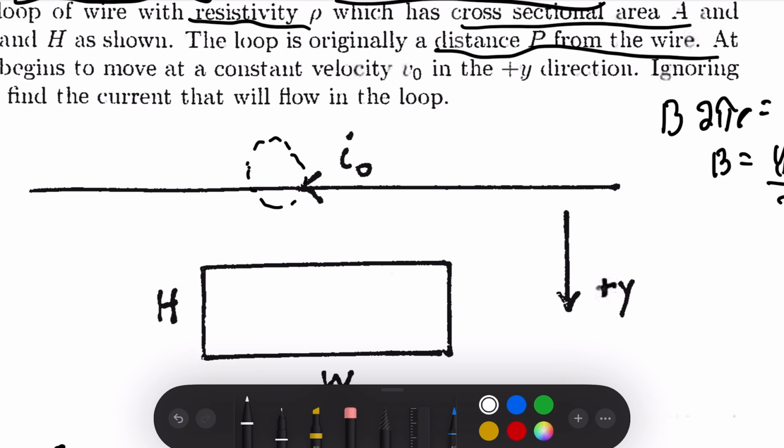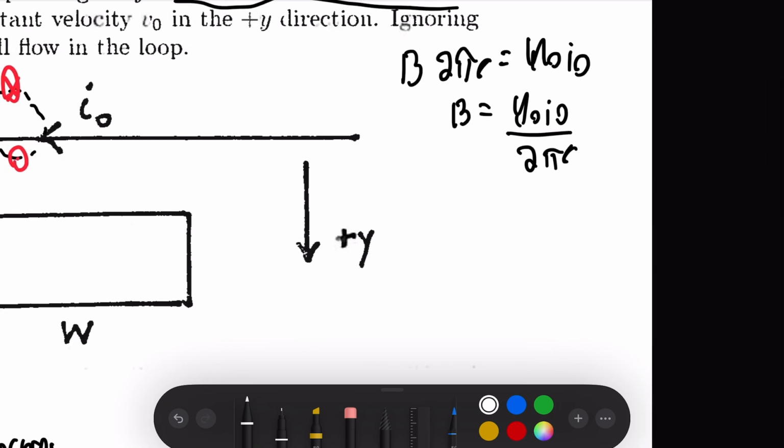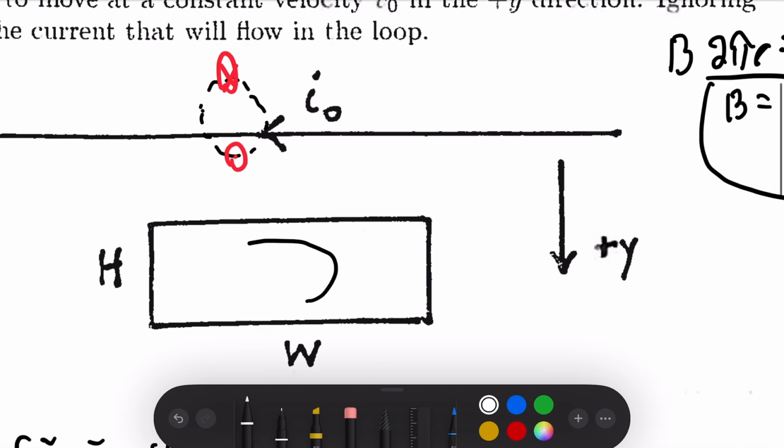So if I put my thumb along the direction of the current and I curl my fingers, when I'm at the bottom, to the left, my fingers are pointing out. And then when I curl them back, across the wire, they're pointing in on this side. And I care about where the circuit is, where this box is. So it's going to be into the page. So the magnetic field is into the page. And then for ds, we always go along this way because the book does it this way.